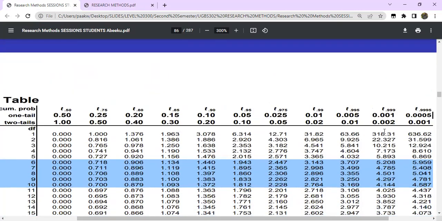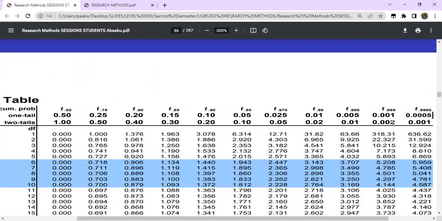It's on this column. So are we choosing 0.001 or 0.002? Since it's a one-sided thing, a one-tail test, we'll be choosing 0.002.